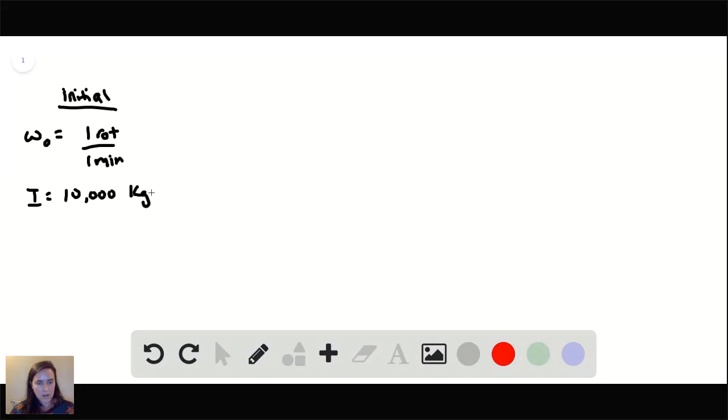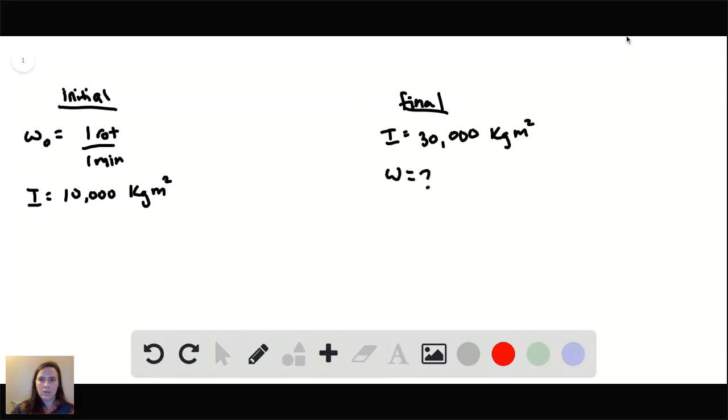And after they stick out the solar panels of the satellite, moment of inertia increases to 30,000 kilogram meters squared. And we want to know what is the final angular velocity.